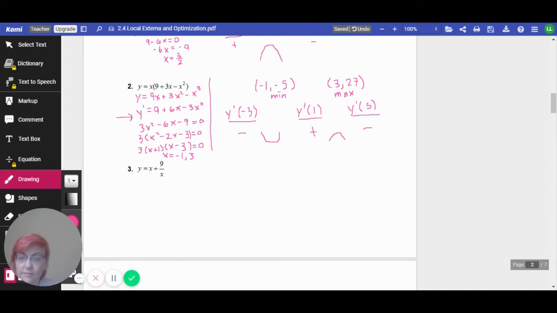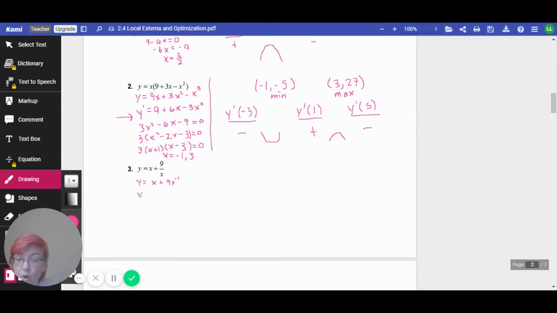Now, last one of these, I have y equals x plus 9 over x, rewriting as y equals x plus 9x to the negative 1 to make finding the derivative a little bit easier for me.